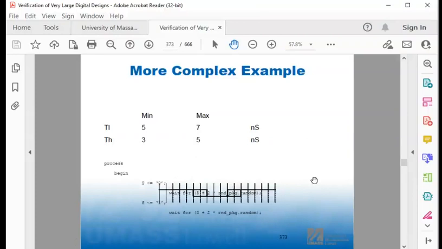In this example, the wait signal actually works well. When you look at the wait signal, it's kind of small here, but the wait signal is waiting for 3 plus 2 times the random number. So that's going to be 3 plus 2 times a number between 0 and 1. So it could be as low as 3, as high as 5.